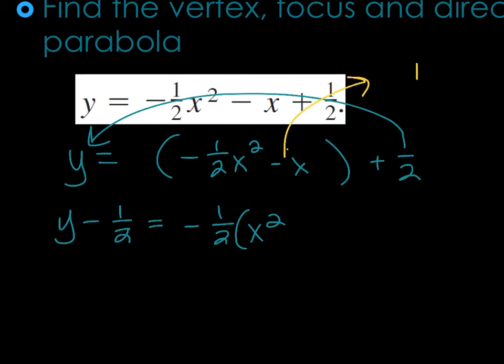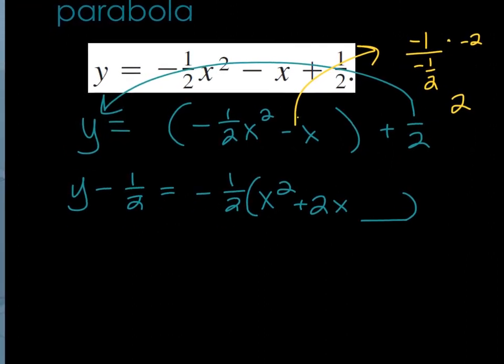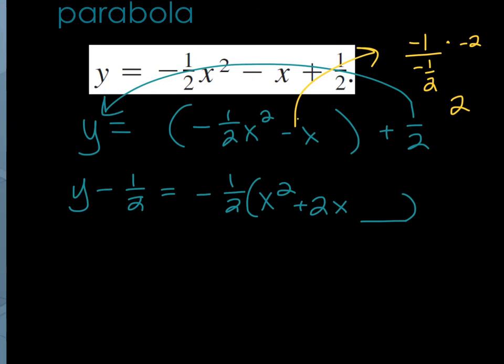So 1/2 divided into negative 1. Keep, change, flip. And I get a positive 2. So negative 1 divided by the negative 1/2 became positive 2.